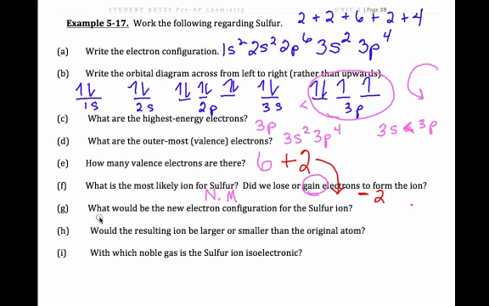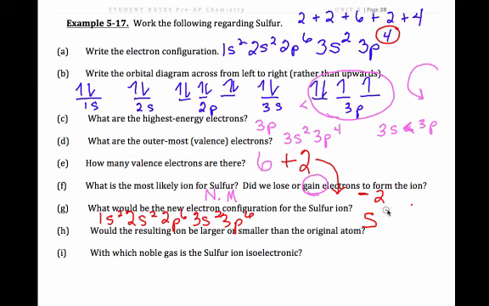So its new electron configuration, you just put those 2 electrons right into the electron configuration. 3p. Now, instead of 3p4, we've added 2 electrons.